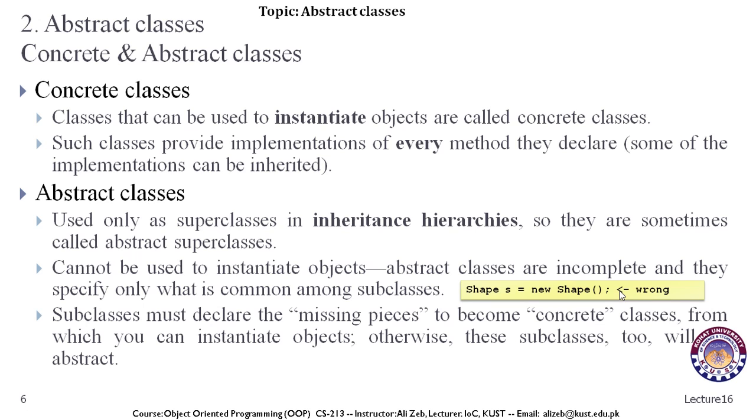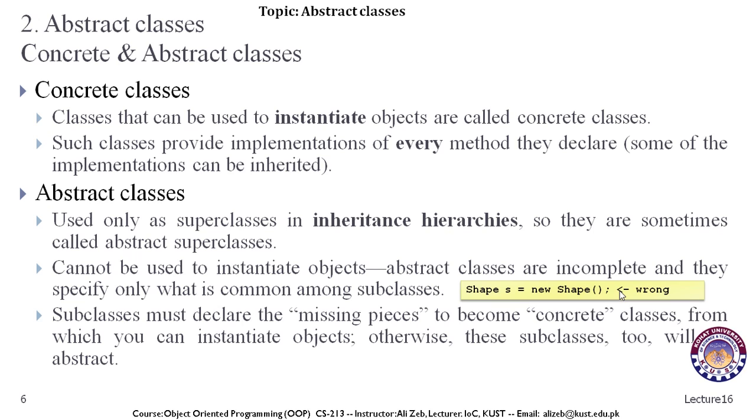Subclasses must declare the missing pieces to become concrete classes from which you can instantiate objects, otherwise these subclasses too will be abstract. As we saw on the previous slide, the subclass must implement the abstract methods of the abstract superclass.